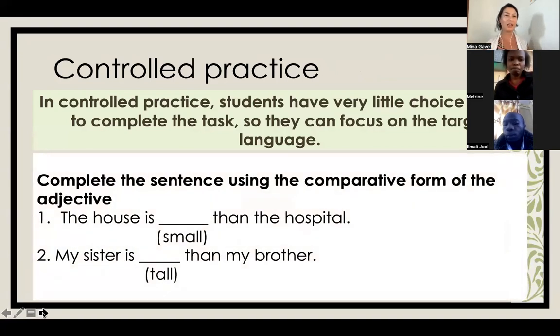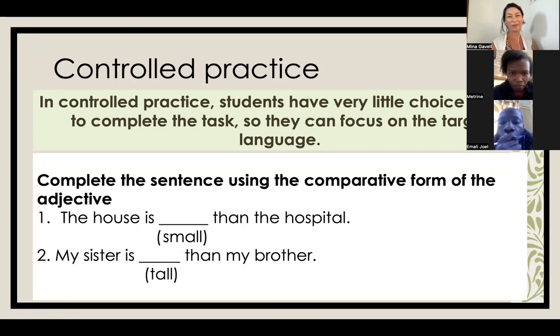So this would be an example of controlled practice. Students are studying the comparative, and so they're going to complete the blank. There's really no choice. They just have this one small space that they have to fill. There's only one right answer. They don't have many choices. And that way they can just focus on the form of the comparative.